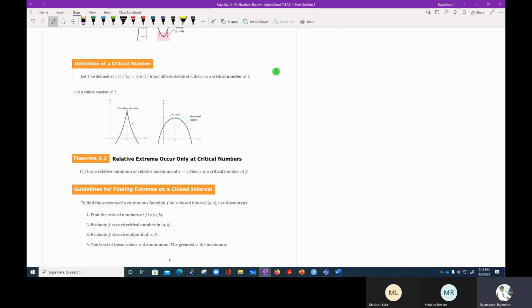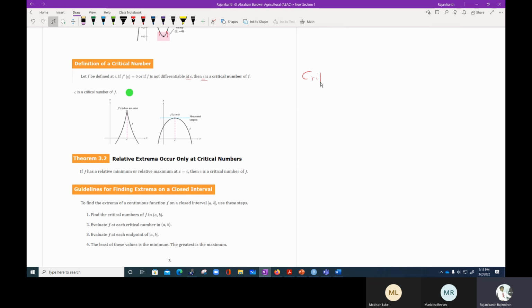Now look at this definition. This is about the critical number. Suppose you are given a function f, which is defined at one point C. If you see either the function derivative at that point is 0, or the function is not differentiable at C, then we call this point C a critical number or critical value of the function f.